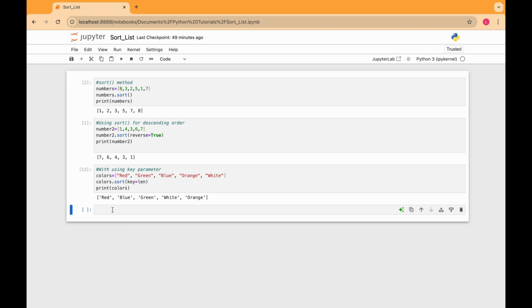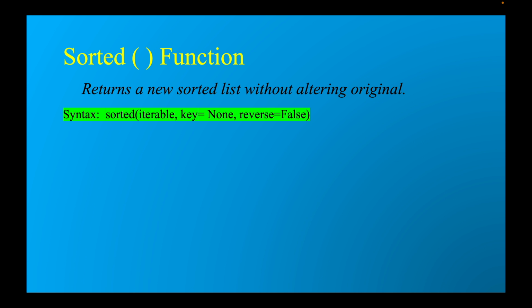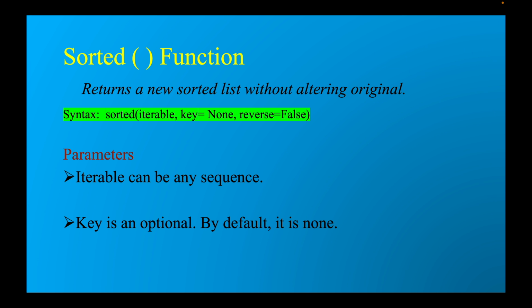Now let's move to another chapter. Now let's move to the sorted function. The sorted function returns a new sorted list without altering the original list. The syntax for the sorted function is sorted, and we include iterable, key and reverse values. So iterable can be any sequence that is to be sorted, like list, set, string, and any other.